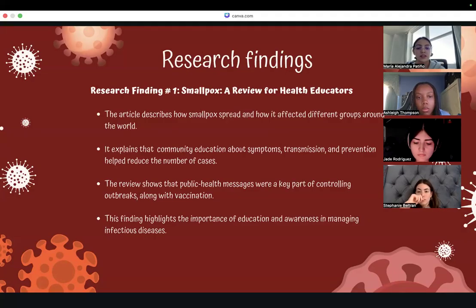It also says that teaching people about the science, about how it spreads, and how to stop it helped lower the number of cases. This article also says that public health messages and vaccines were important to control outbreaks, and it shows the importance of education when fighting a disease.